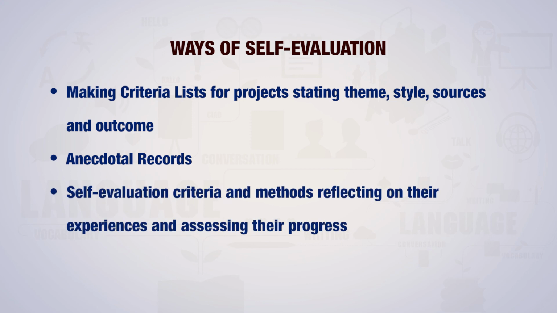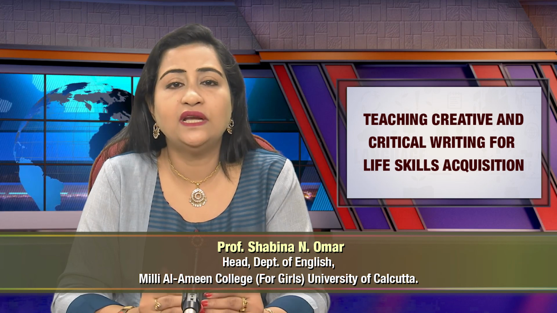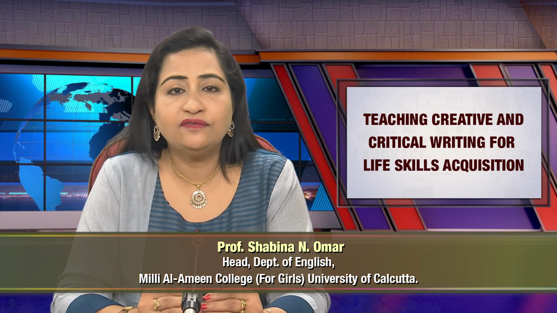And finally, by doing self-evaluation, by establishing criteria and methods for reflecting on their experiences and assessing their progress, by exploring areas of excellence and mediocrity, achievement and failure, and if at all they wish to incorporate change into the work done, if ever given a chance to begin again or to revise it.